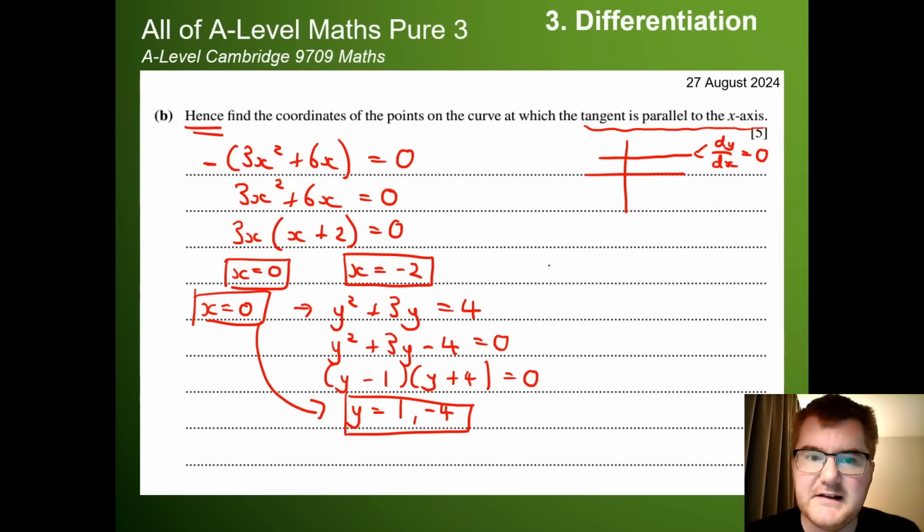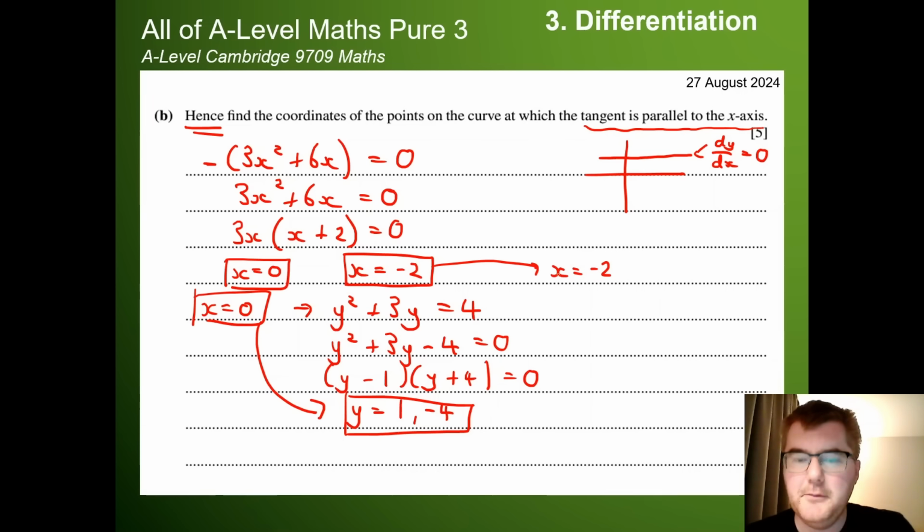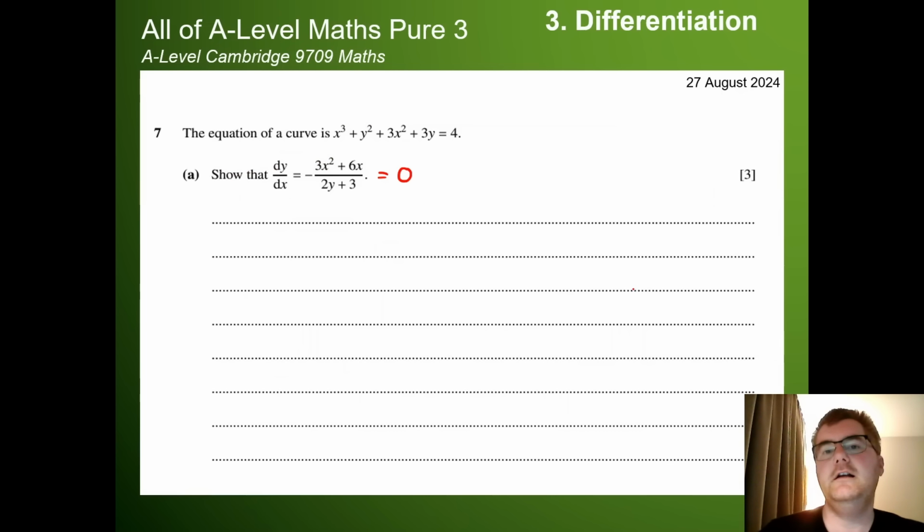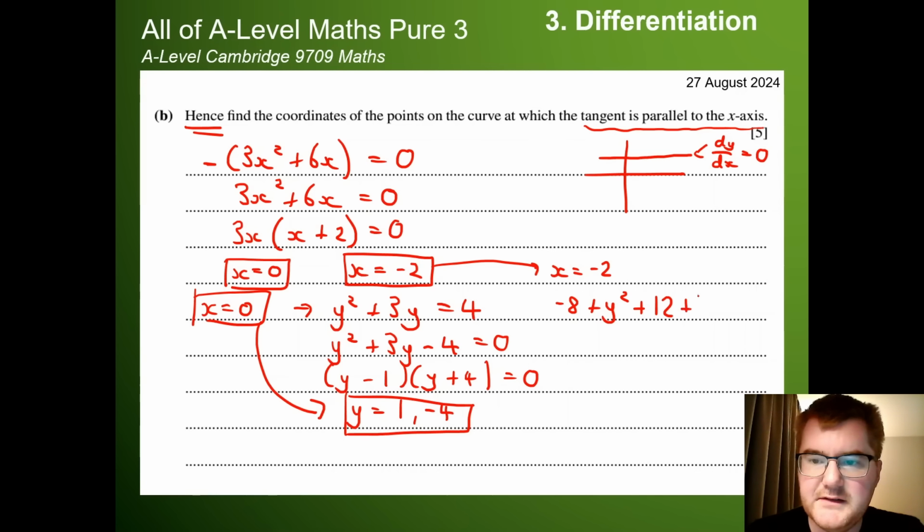And now when x is equal to minus 2, then we put it into our function. So we have minus 8 plus y squared plus 3y is equal to 4.